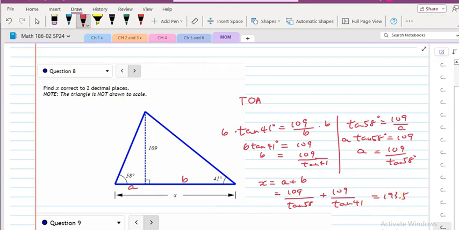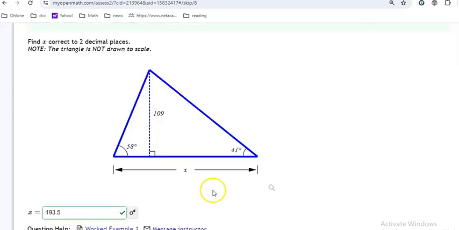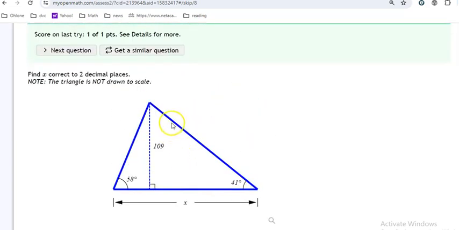That's about right. So the answer is 193.5.